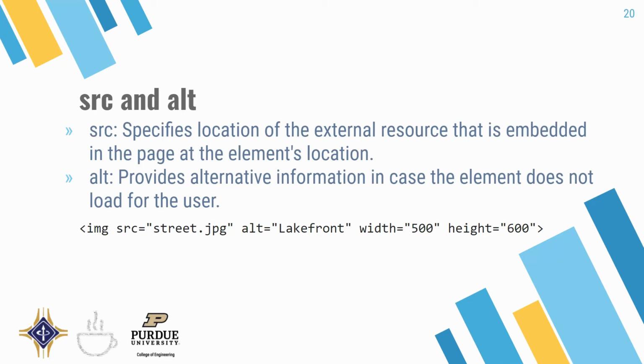So if your image is actually 500 by 700 pixels, the browser will squish your image to make it fit in that box. So before you put width and height attributes on your image tag, make sure you first know how big the image should actually be when you scale it up or down, because the browser will deform it to make it fit the box properly.